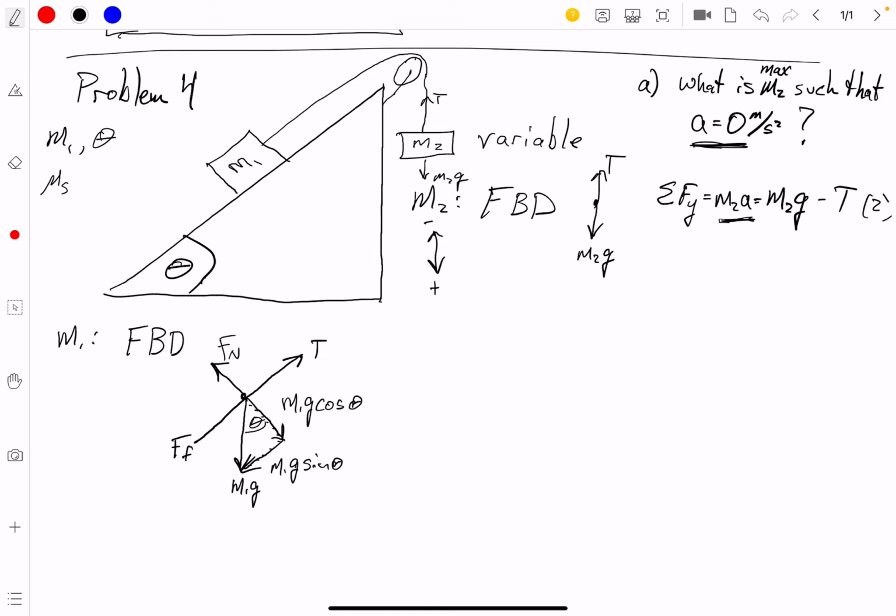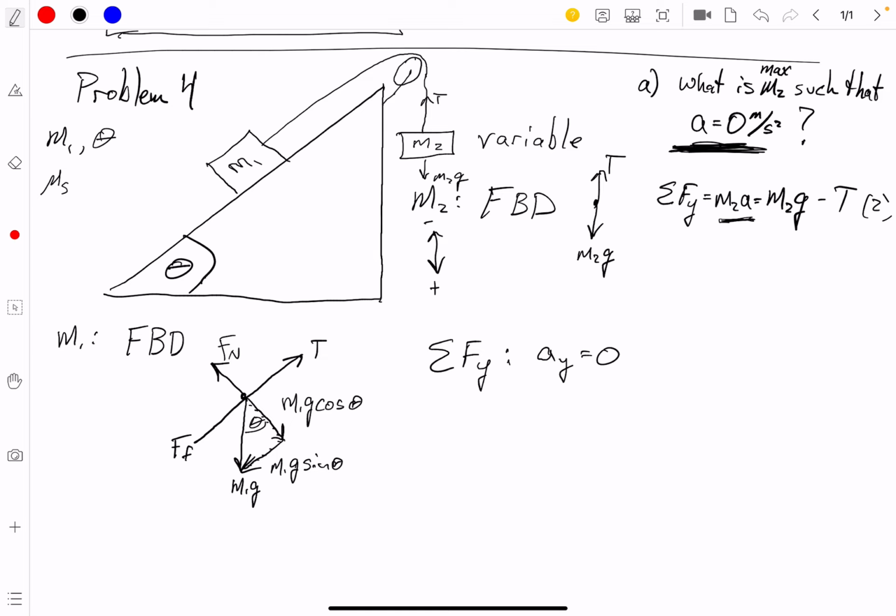Okay, now in order to do this properly, of course, we want to do our sum of the forces in the y direction. You do the y first. Our acceleration in the y is not the same as the acceleration in the x that we're dealing with here, okay? Our acceleration in the y is also equal to 0, and we're going to substitute 0 in right away.